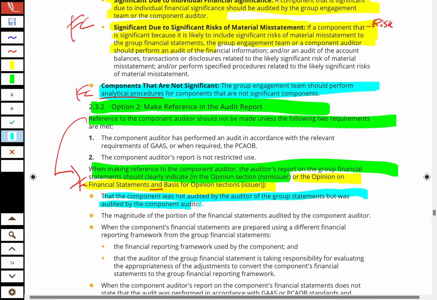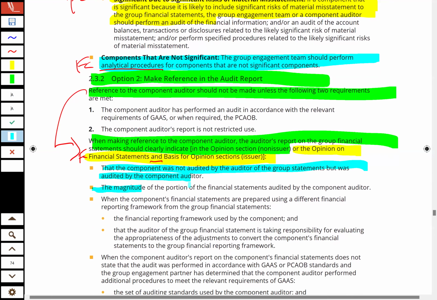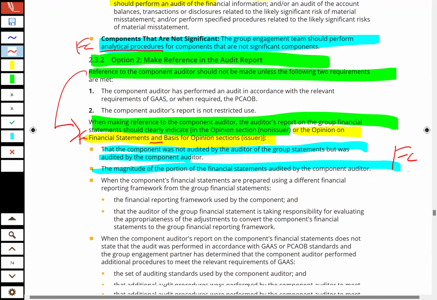You'll call out the component, and the magnitude of the portion of financial statements audited by the component auditor, and you literally call it out as percentages.